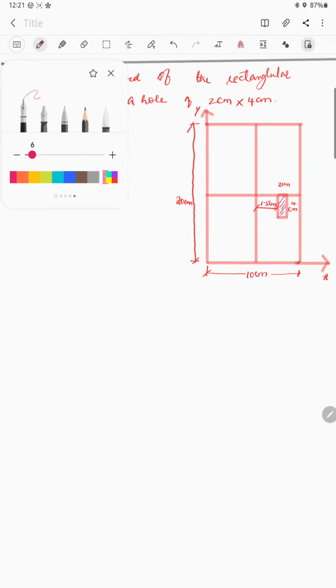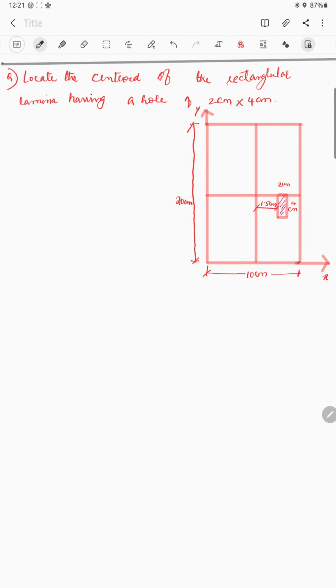See here. In the first case, what we do is we divide this entire rectangular lamina into two parts. So this is one part, right? So we'll try to remove this one. So this is how the rectangular lamina looks. Now what we have to do here is, I'll name this figure as 1 and this figure as 2.